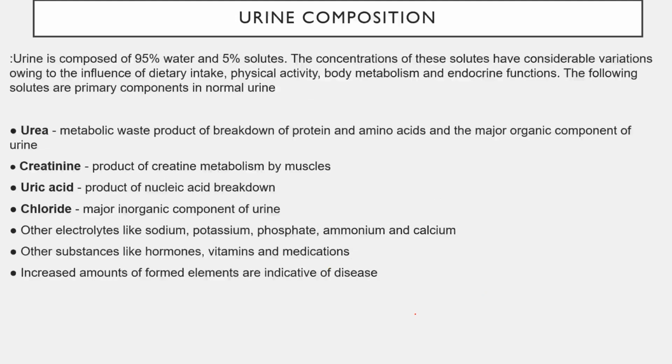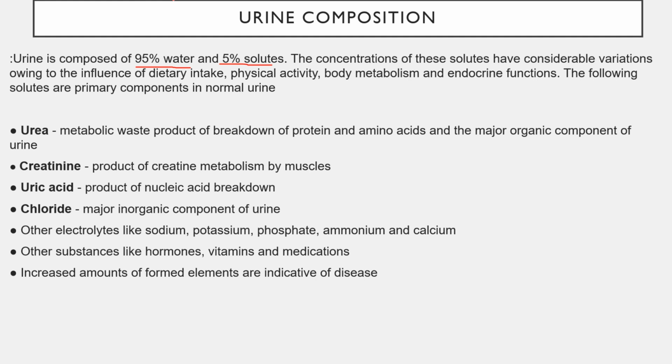Now take note of the urine composition. Urine is composed of 95% water and 5% solutes. Remember, in the previous lesson, in lesson 1, most of the substances of our body, as long as it's less than 70,000 daltons, are reabsorbed by the body.